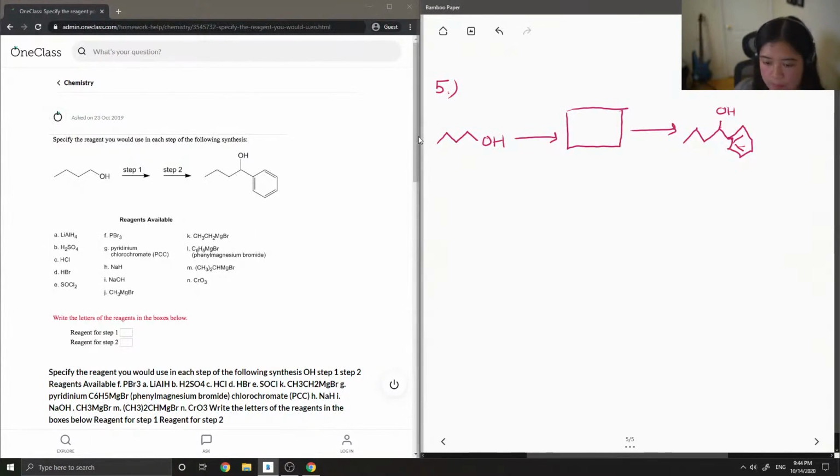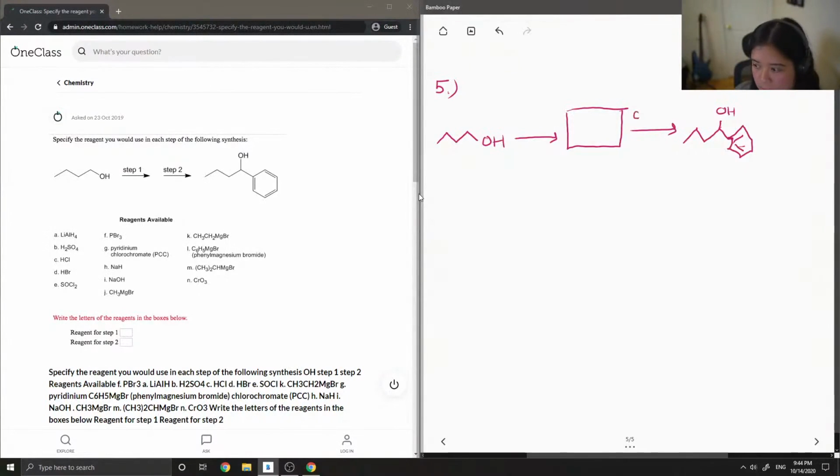So we know that we're going to need one of these Grignard reagents in step 2. In our case, we need one that has a phenyl group, so we can rule out this methyl, ethyl. Okay, so we're going to need this one as our reactant in the end.